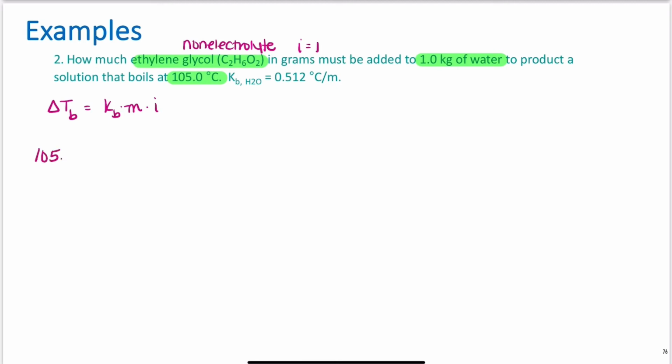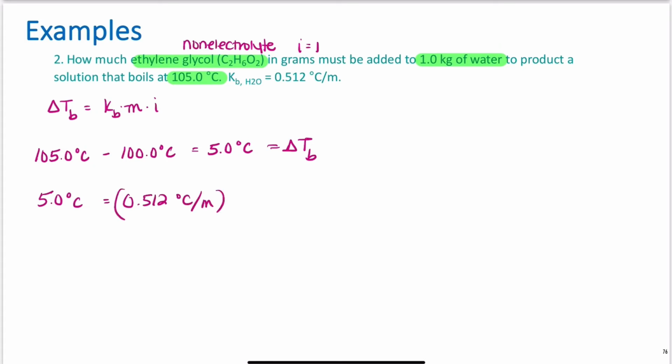I know I want 105 degrees C, and I know that water normally boils at 100 degrees C, which is a 5 degrees C increase in boiling point. This is equal to my change in temperature of boiling. So 5.0 degrees C, my KB value for water, 0.512 degrees C per molal.